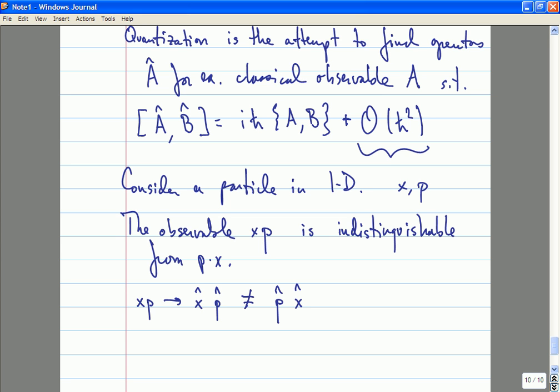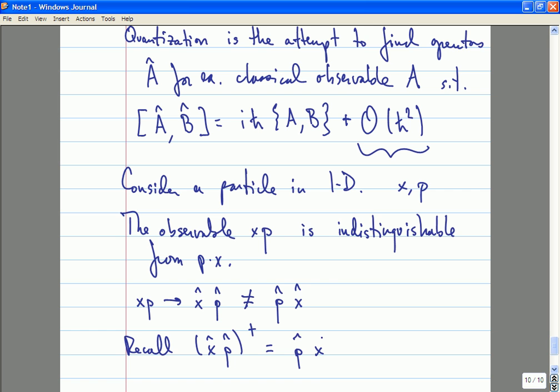However, life gets a little easier if we remember a rule that observables need to be Hermitian operators. And in fact, x hat times p hat is not Hermitian, nor is p hat times x hat. x and p are individually Hermitian, but remember when you take the Hermitian conjugate, you reverse the order of the operators. So we need to remember that x hat times p hat adjoint is p hat times x hat.